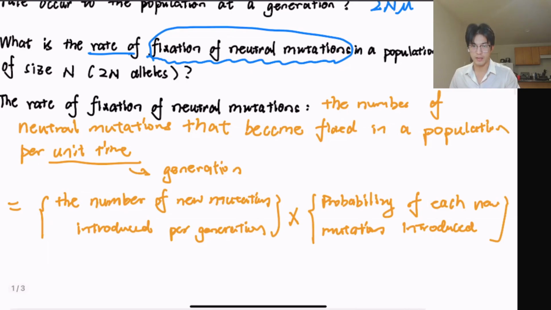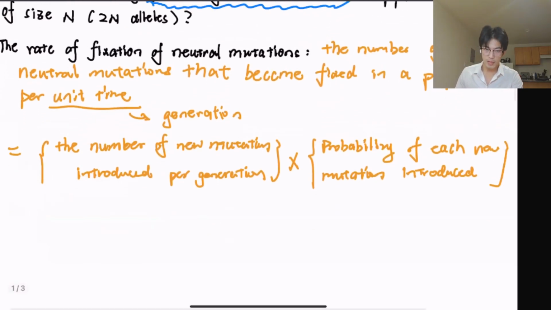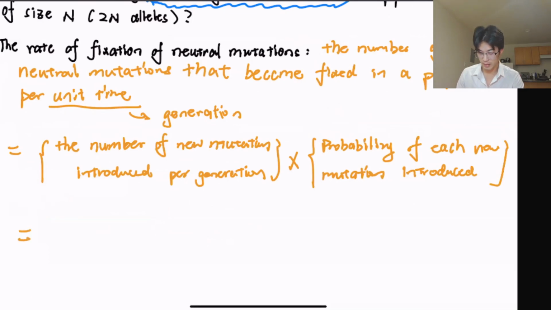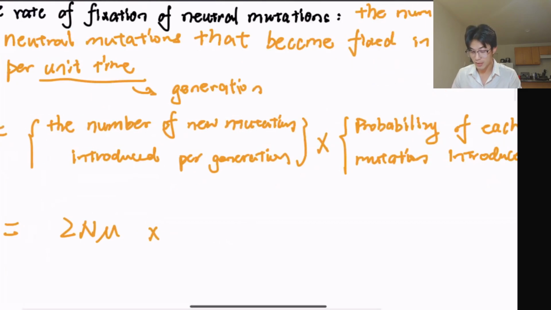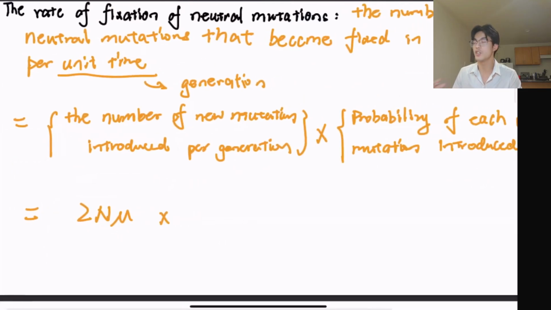But we already know all these things. The number of new mutations introduced per generation is, as we have already calculated, 2n mu, right? The number of alleles in the population times the probability of a mutation occurring to each one in the generation. Times what is the probability that each new mutation becomes fixed? It is actually equal to the initial frequency, and the initial frequency of each new mutation is just 1 over 2n, right?